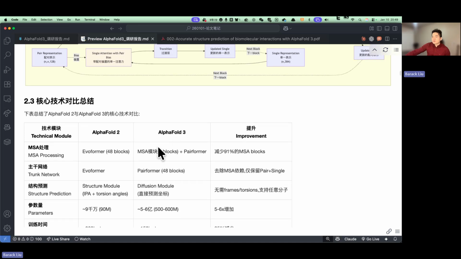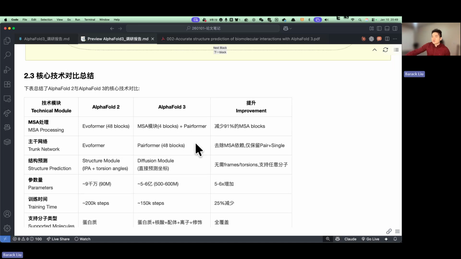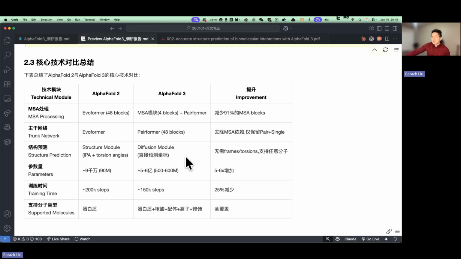Comparison. AlphaFold 3 uses the MSA module. What is MSA? 4 blocks plus Pairformer. The trunk network is Pairformer, 48 blocks. Structure prediction, diffusion module.